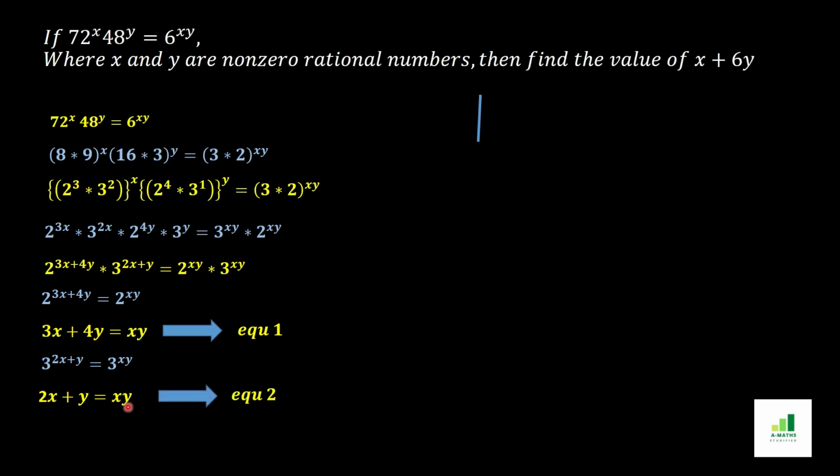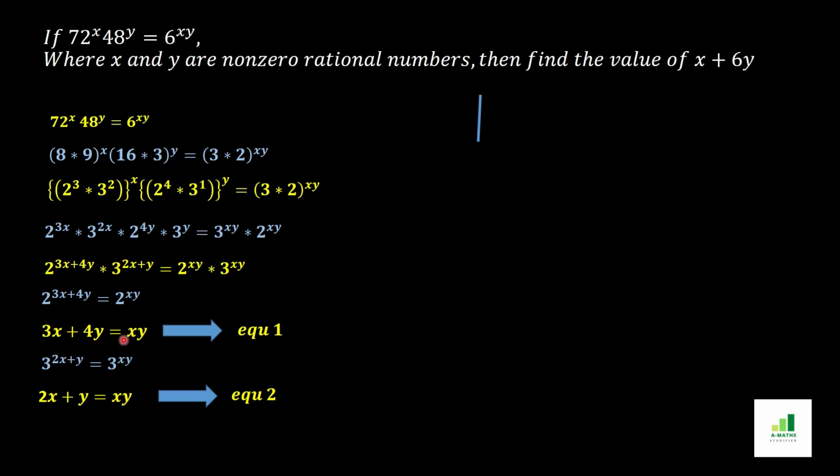Now our target is to solve equation number 1 and equation number 2 simultaneously and get the values of x and y. So in order to solve both equations, we will subtract equation number 2 from equation number 1.